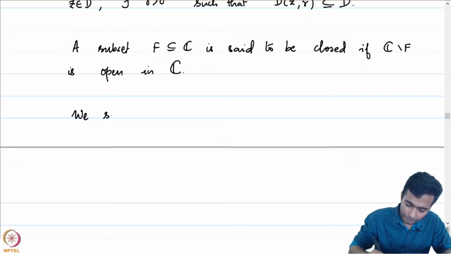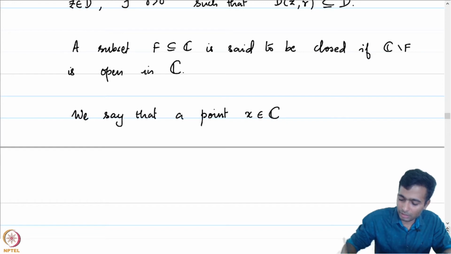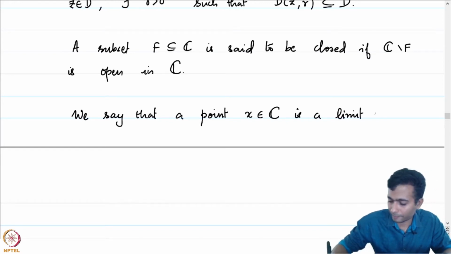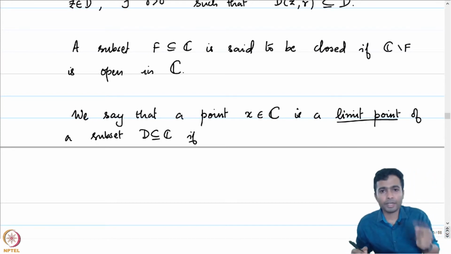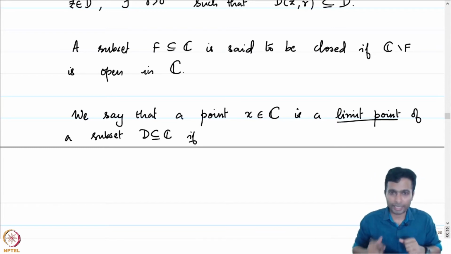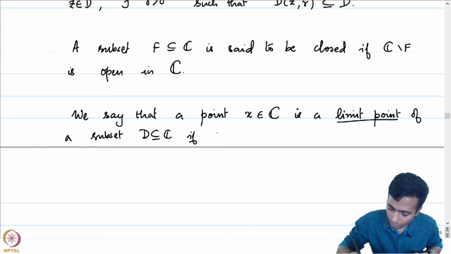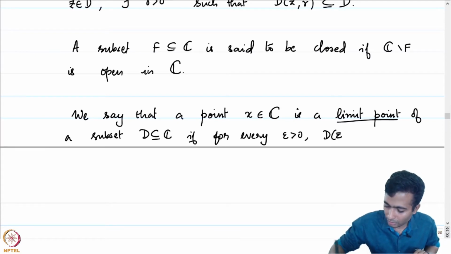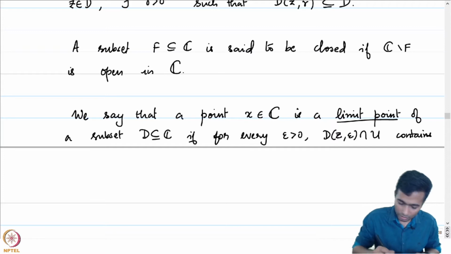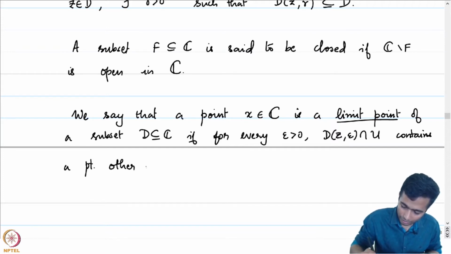We say that a point z in C is a limit point of a subset D contained in C if every neighborhood of the point contains a point of D other than z itself. That is, if for every epsilon positive, D(z, epsilon) intersected with D contains a point other than z.